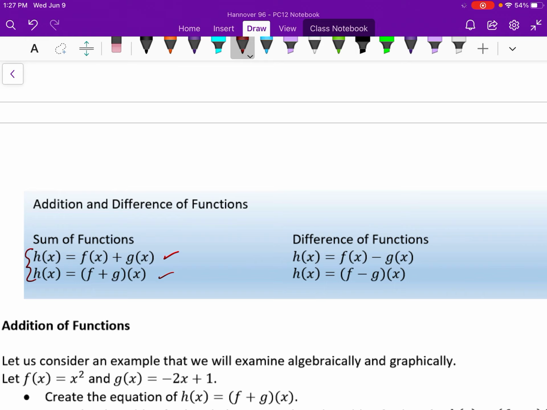I know these might look the same to you, but the first one means that if you want to get the addition of functions, you simply add the y's together of f and g respectively, and kaboom, you get h. Whereas equation number 2 really speaks to the fact that you can simply add the instructions, or the expressions, of the two functions f and g, and you'll get a sum of functions. Same argument can be made for the difference of functions.